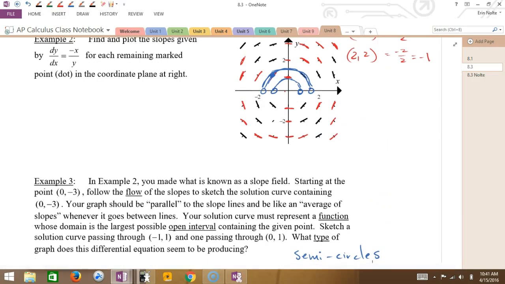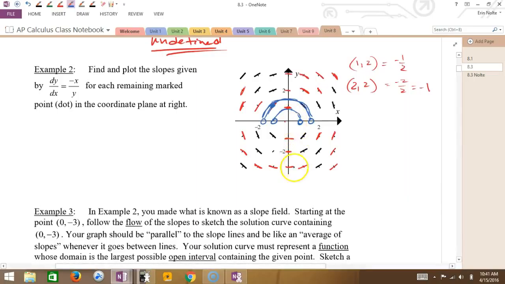Oh, it is on there. 0, -3 is down here, so this one would be like this. I don't know why it's hard for me to draw a straight line, to go slow and sketch it. It doesn't have to be perfect. You'll get the general curve.